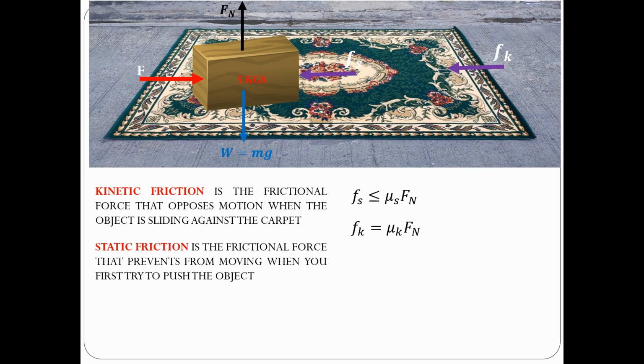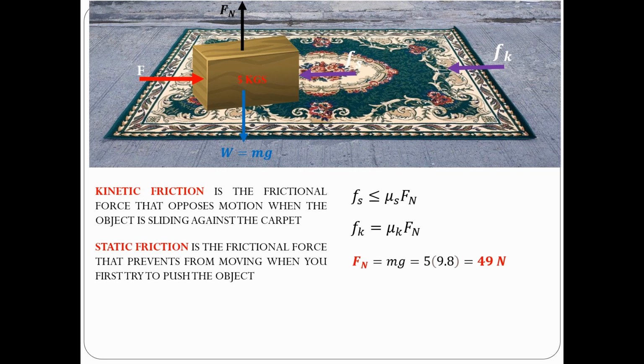Keep in mind that a normal force is a force that the surface exerts on the box, and it is perpendicular to the surface. So in this example, for a horizontal surface, the normal force is equal to mg, and this will be equal to 49 newtons.